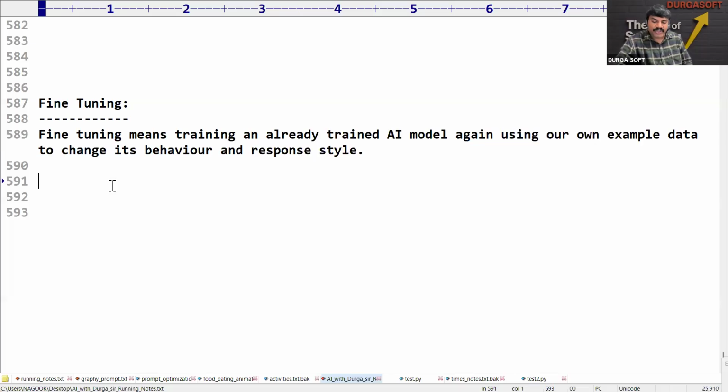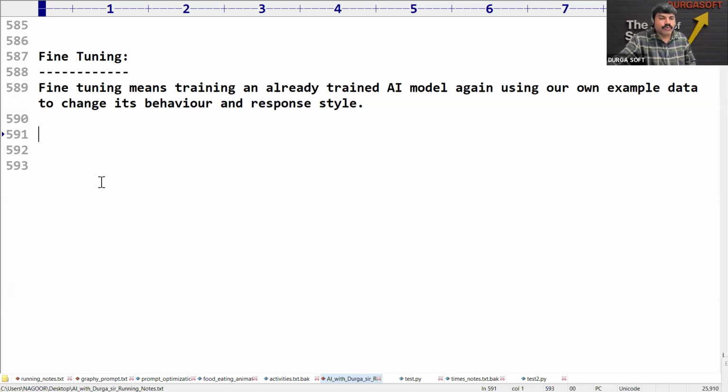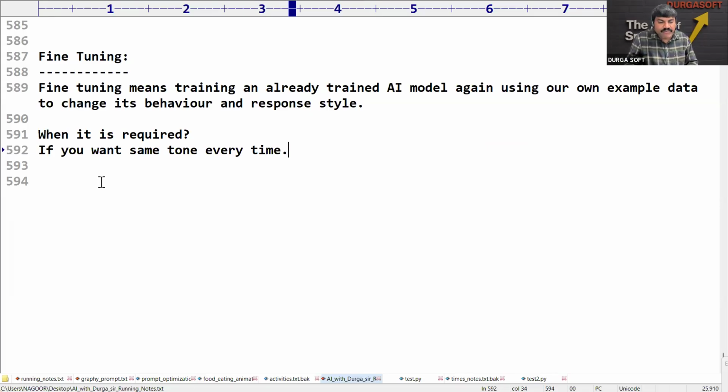Okay, so now my question is, what is the advantage of this fine tuning? When it is required? If you want the same tone every time, if you want fixed format, format of responses I'm talking, fixed format.